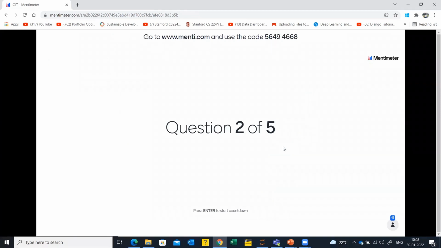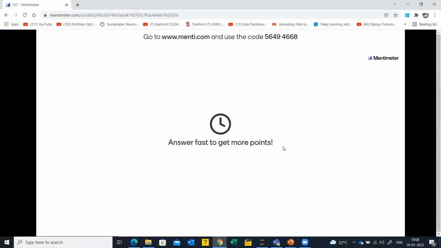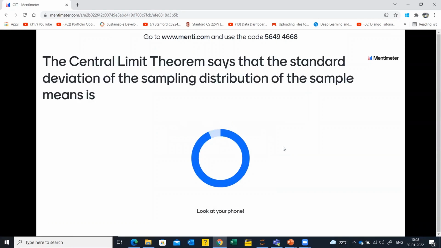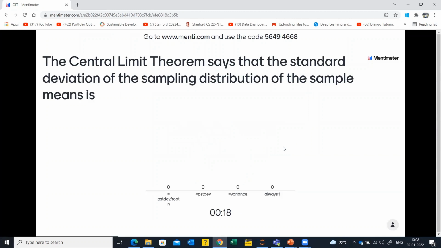Be very attentive. The central limit theorem says that the standard deviation of the sampling distribution of the sample mean is equal to the population standard deviation by root n.